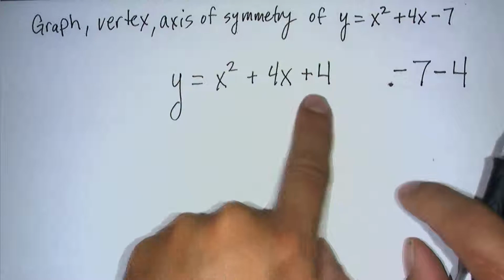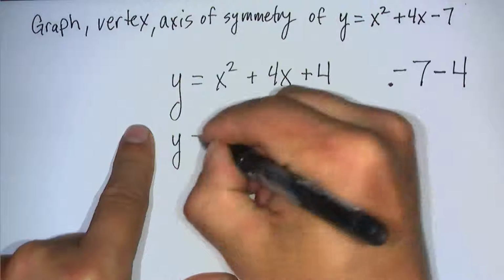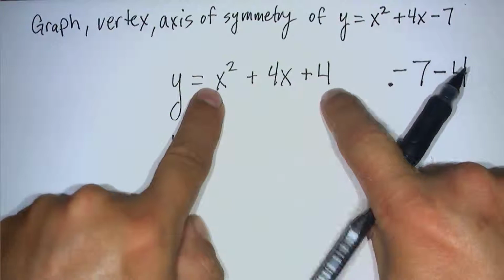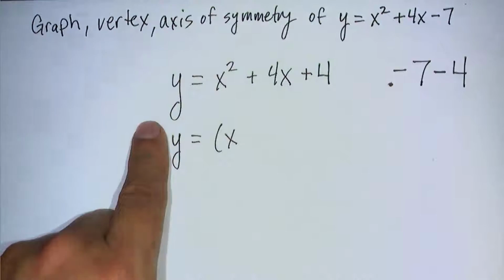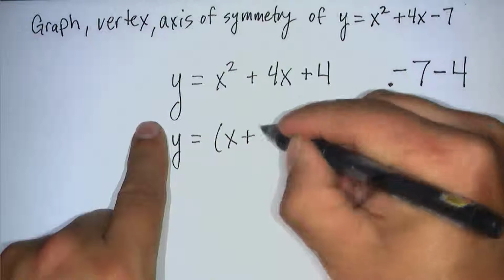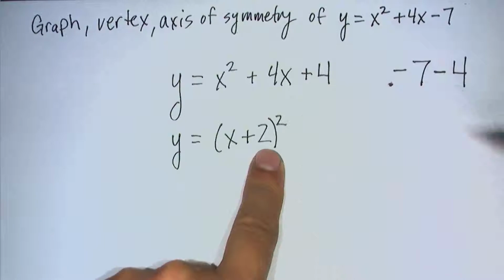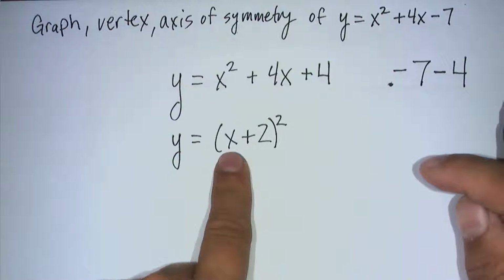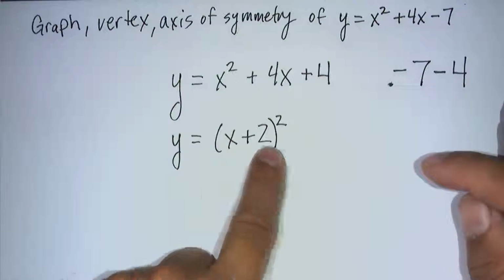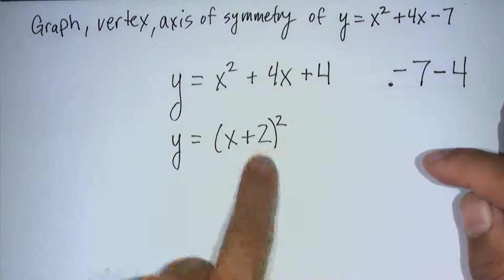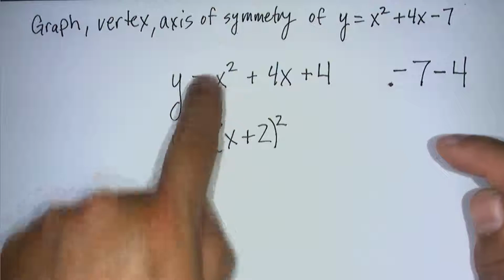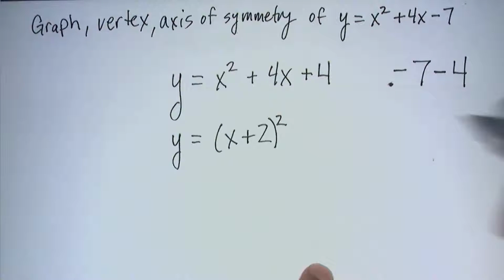So now, what does that tell us? It tells us that this is factorable into x plus what we squared. We squared positive 2, so this becomes x plus 2 squared, and you can FOIL it out. X times x is x squared. X times 2 is 2x, doubled is 4x, and 2 squared is 4. So these two are the same, and negative 7 minus 4 is negative 11.